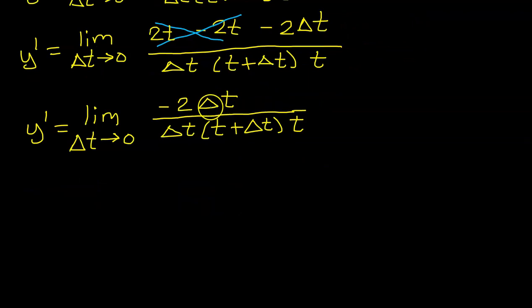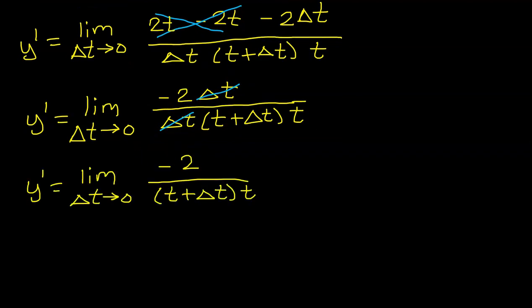Notice that we have a delta t in the numerator and the denominator, so we can cancel those out. And now we are almost at the end, because now that we canceled out that extra factor of delta t, we are in a situation where we can do direct substitution.